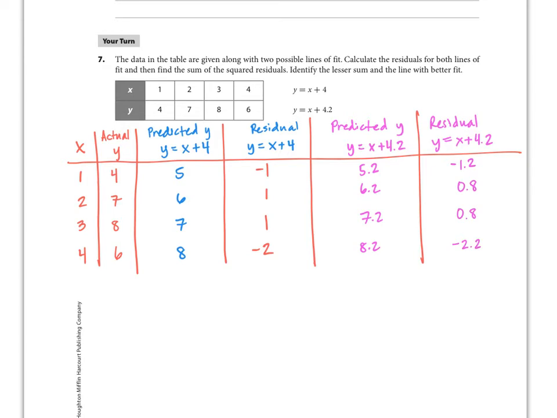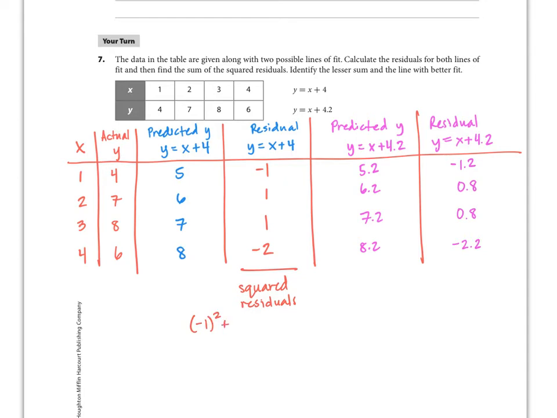So the next step is we're going to square each of the residuals. Okay, so from this column, I'm going to square. So squared residuals means I'm doing negative 1 squared. That's my first residual right in that column.